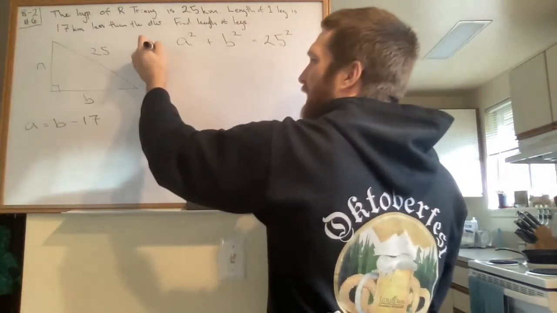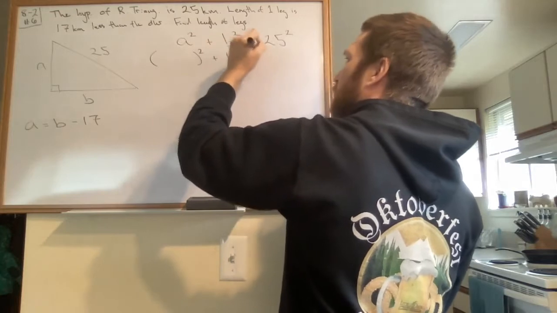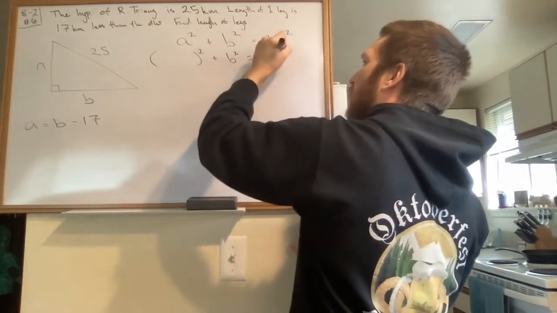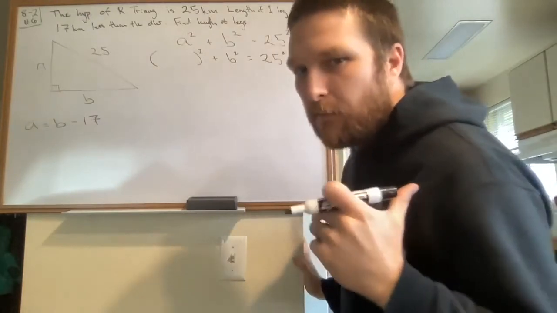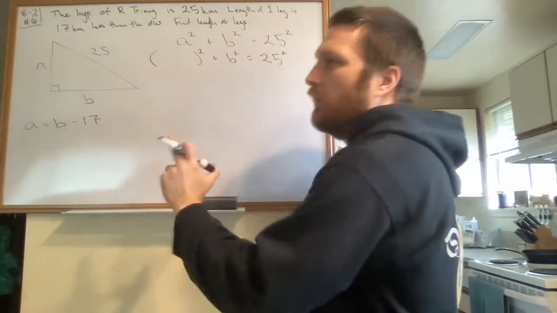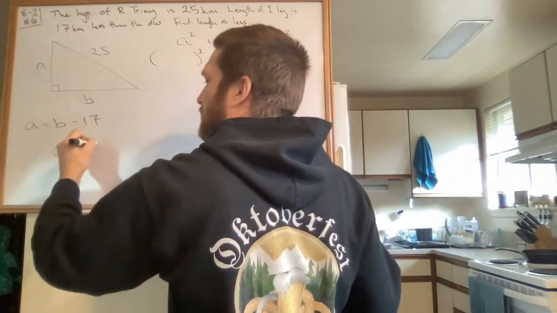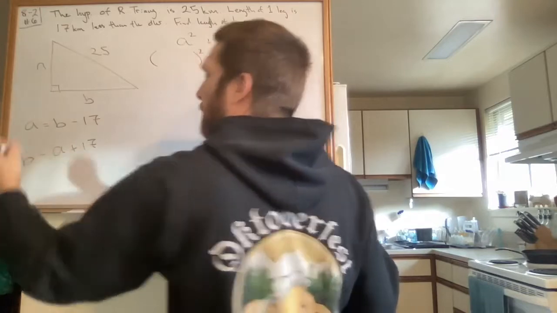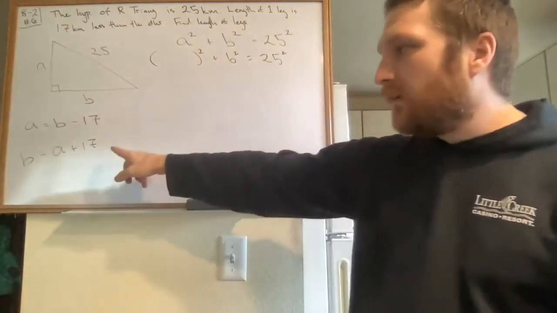I'm going to take that guy and substitute him in here for A, and then we'll have something just purely in terms of B. Now, we said this in the last problem. I could have done this the other way around. I could have said, well, hold up. If you take A and add 17 to it, you should get B right there. And you'll notice that these are the exact same equation, right?